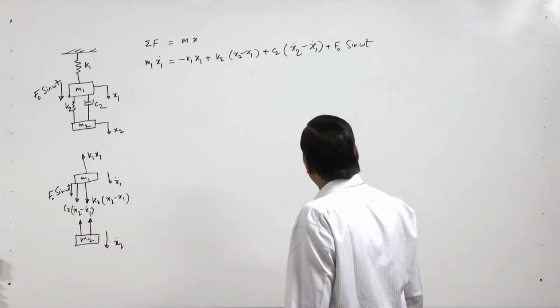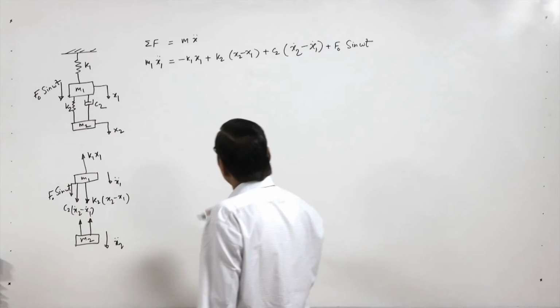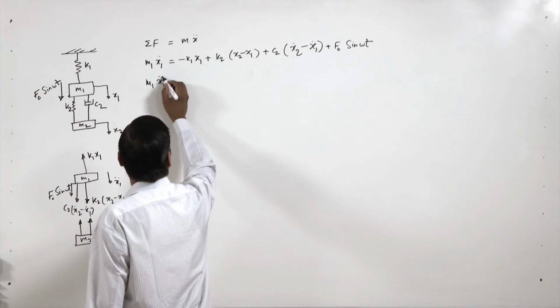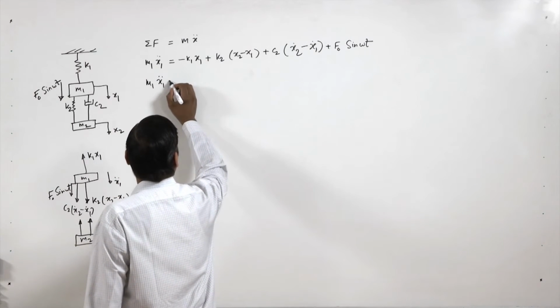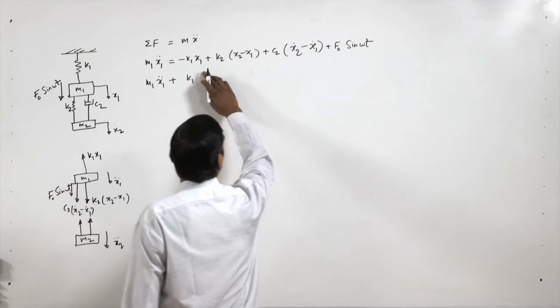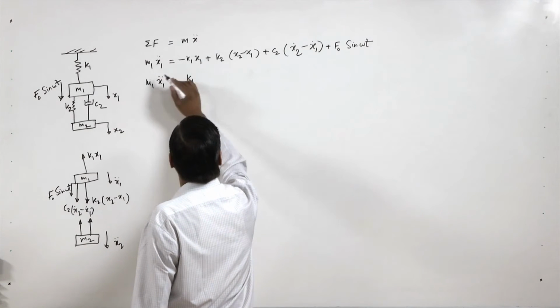Now we can adjust these terms. So we can write m1 x1 double dot plus k1, so we take the other side.